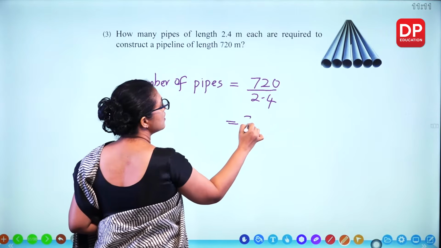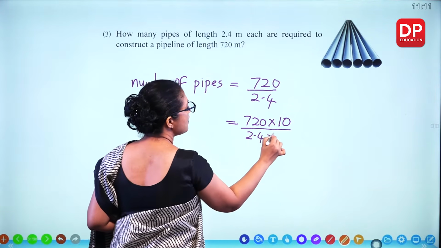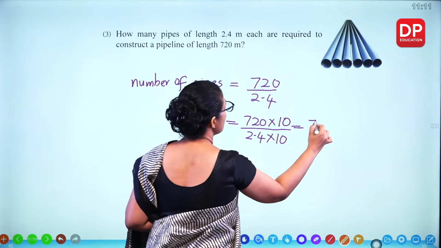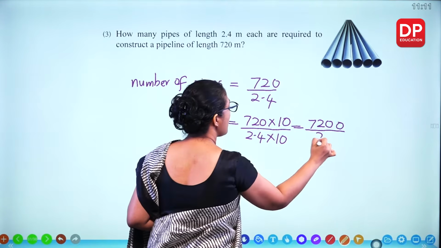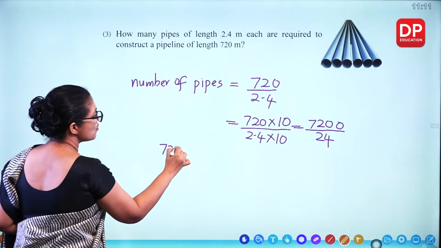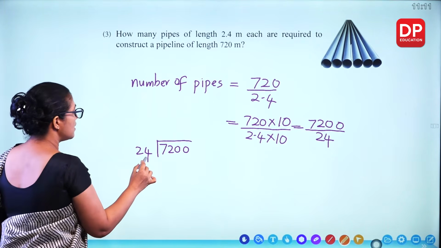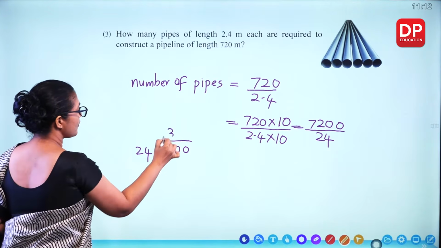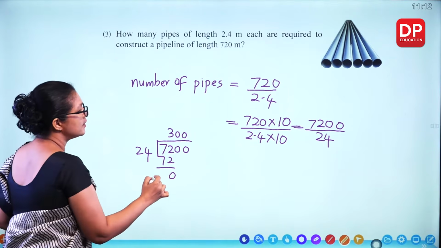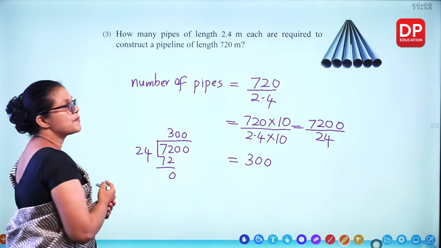So we'll multiply both the numerator and the denominator by 10 to get rid of this decimal point. You get 7,200 divided by 24. So what's 7,200 divided by 24? You get 300. Pipes you need.